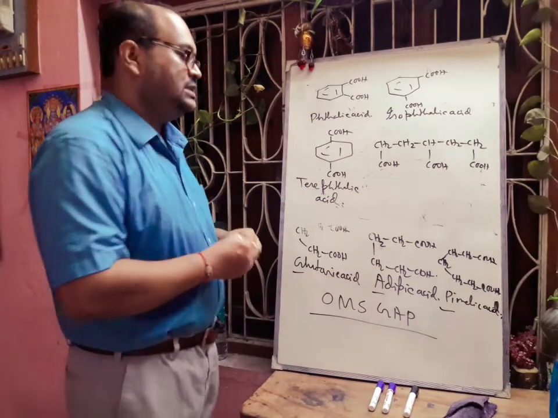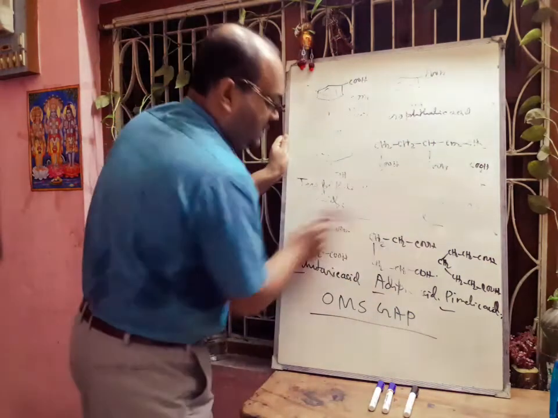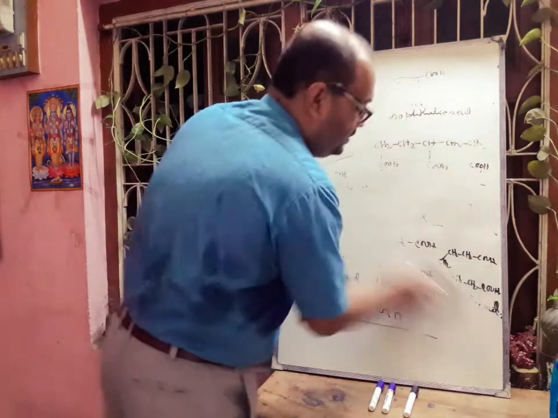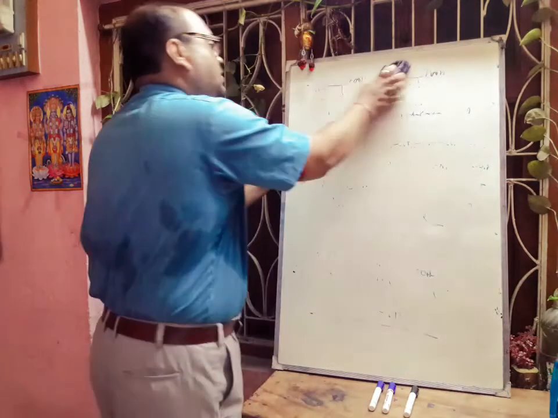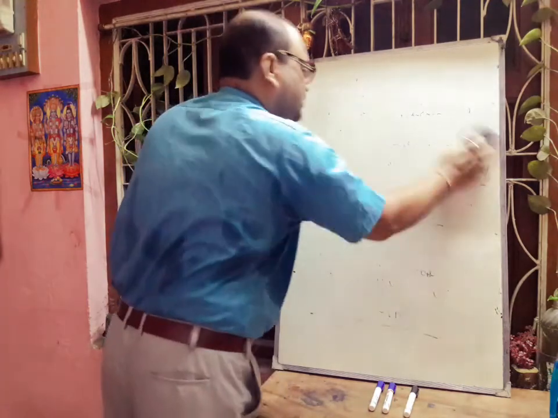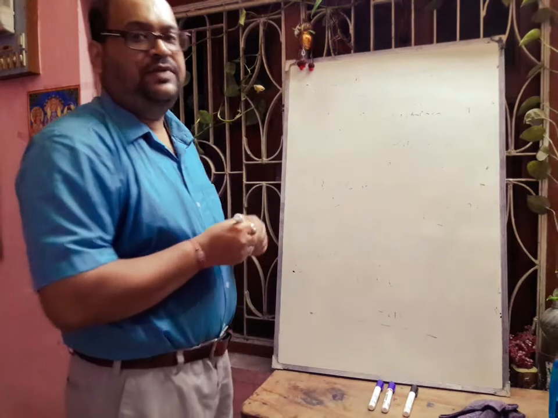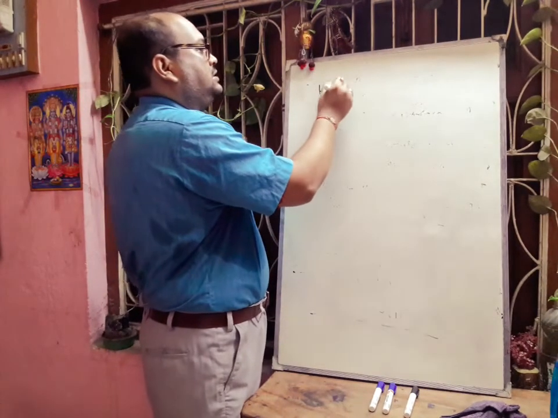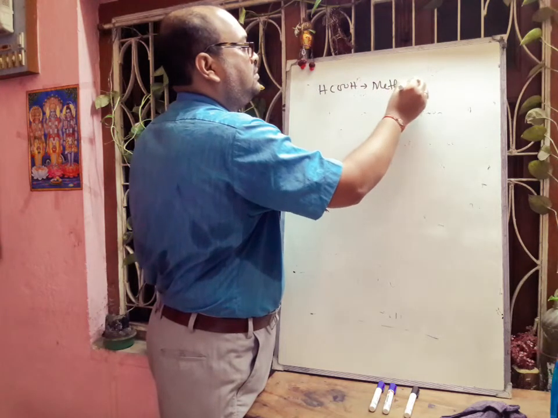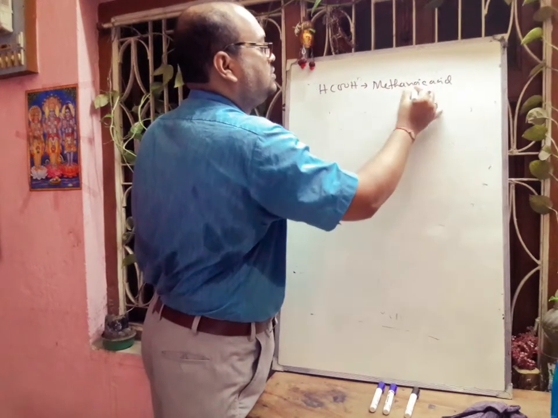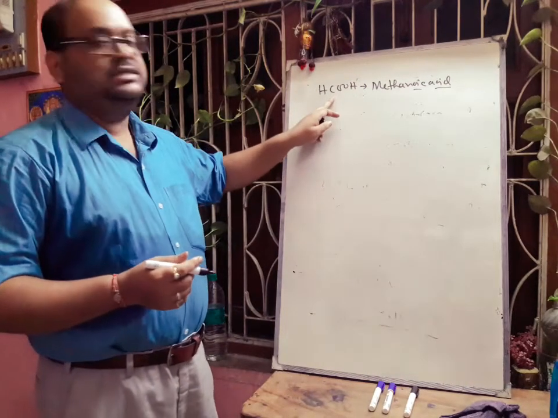Next we will discuss the IUPAC nomenclature. In case of IUPAC nomenclature, the name of the carboxylic acid is alkanoic acid. First, if we take HCOOH, this one is called methanoic acid. That means we are adding this oic acid, because here only one carbon is there, that is methane.